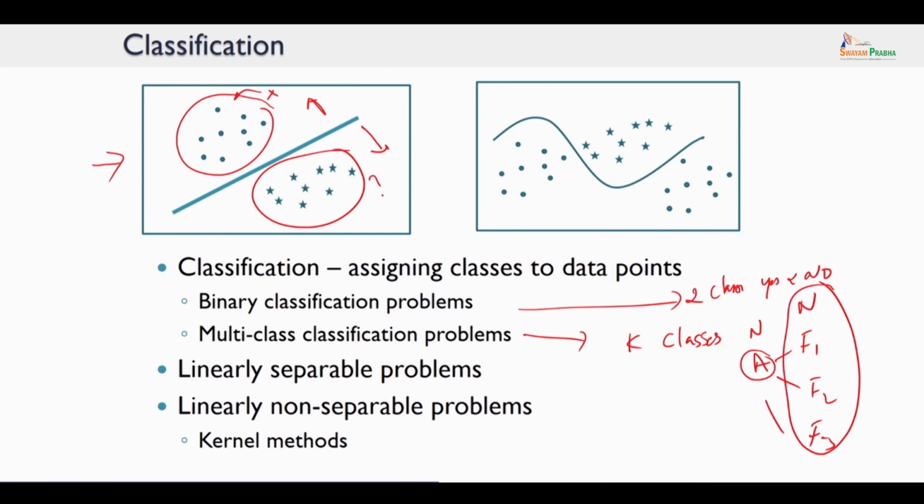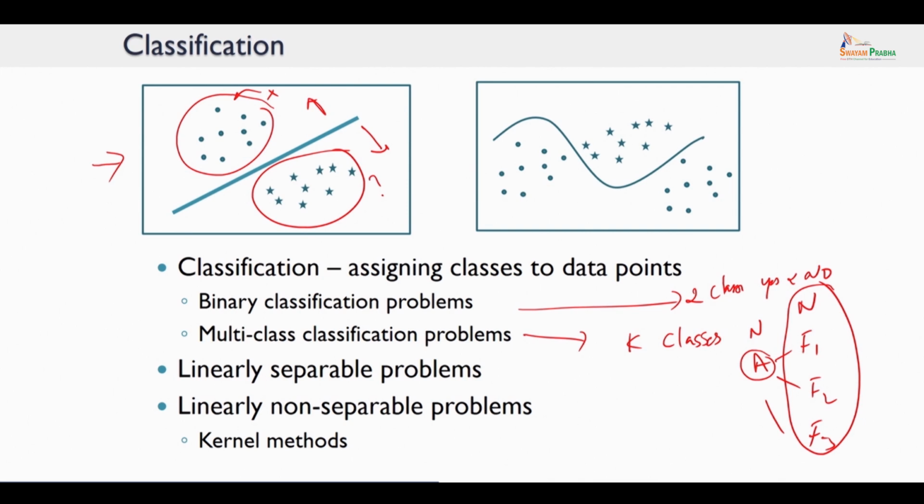These are the types of problems which are called linearly separable problems. In such cases, the classification problem becomes one of identifying the hyperplane that would classify the data. So these I would call simpler problems in binary classification.